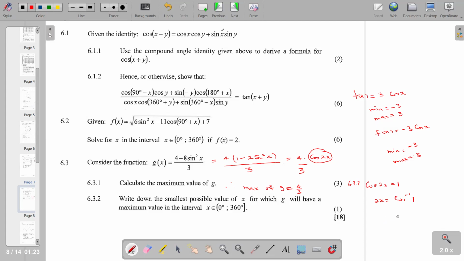You can just punch that on your calculator. How are we getting cos inverse 1?